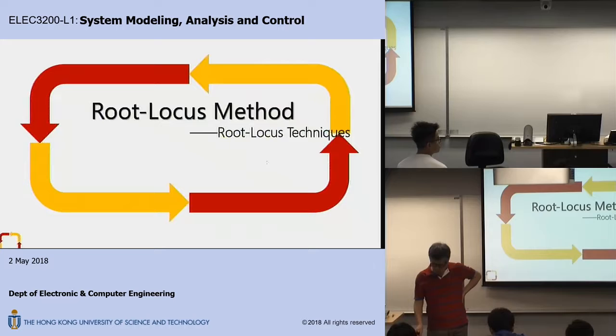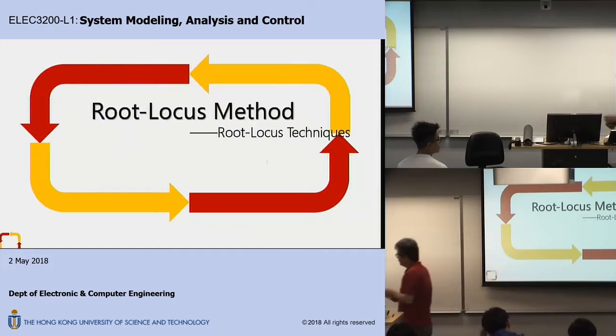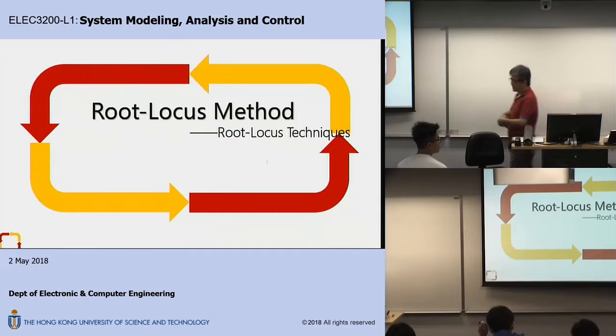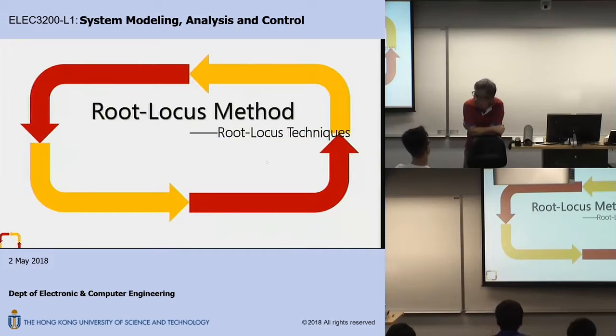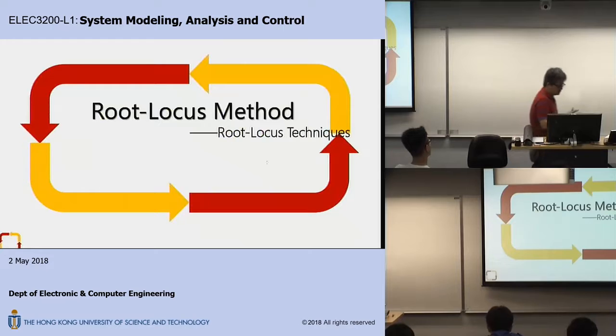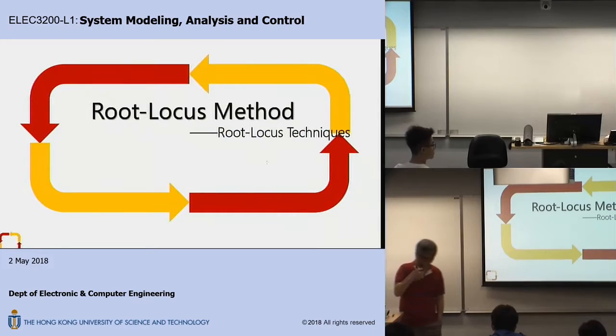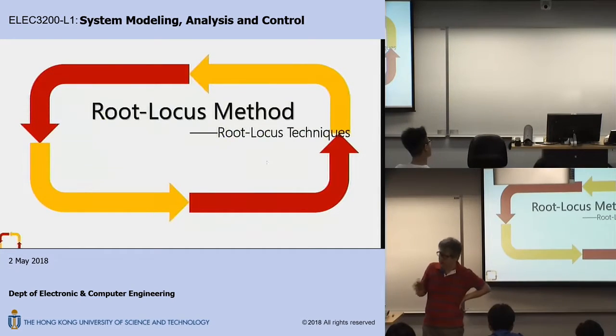So chapter 5, the whole motivation is that we want to design a controller to stabilize an open loop unstable system, right? We had a method, in chapter 3 we introduced this pole placement method.